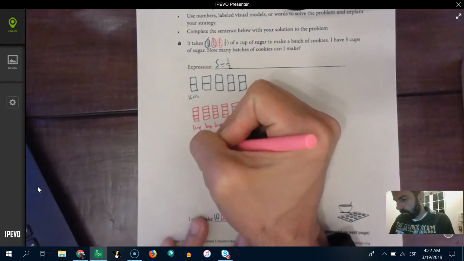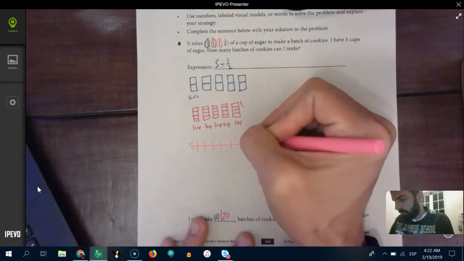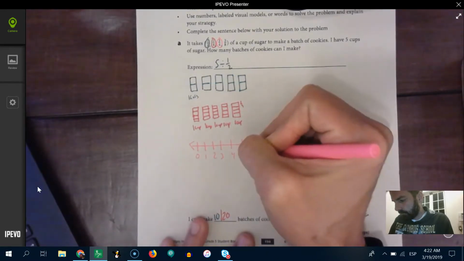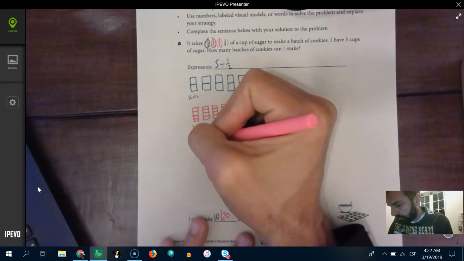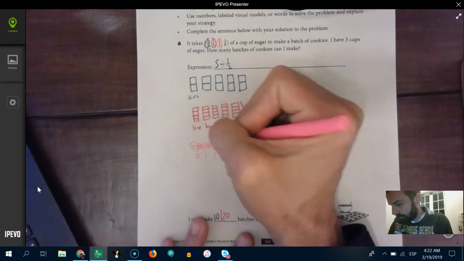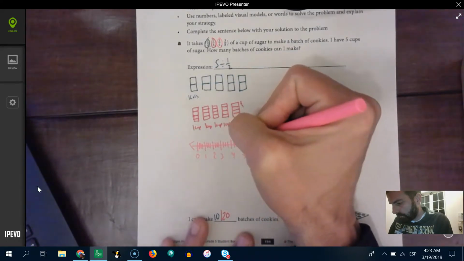So 0, 1, 2, 3, 4, 5. I'm going to split this into 4ths.